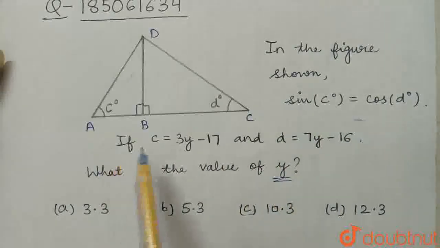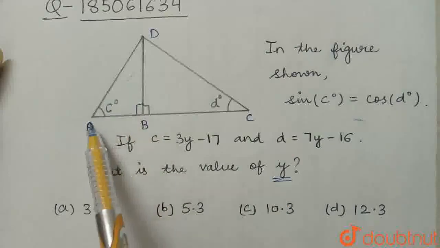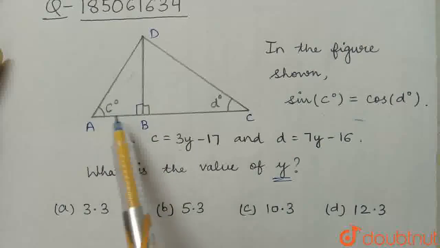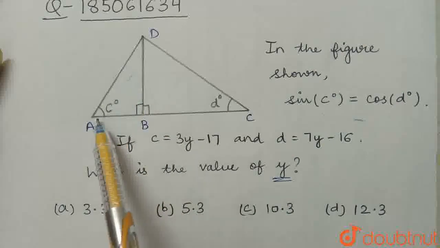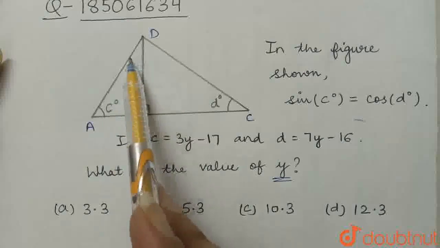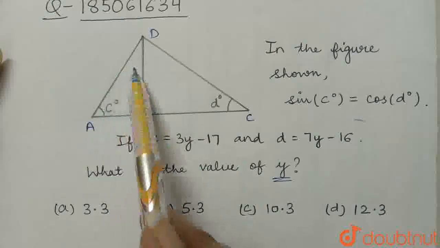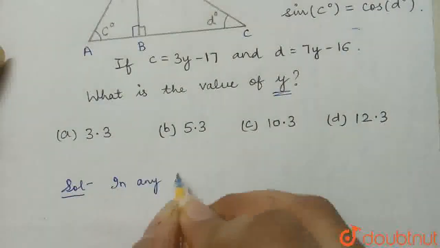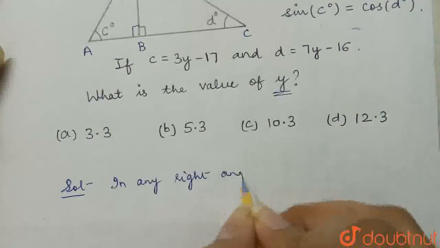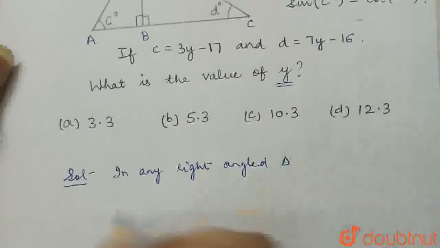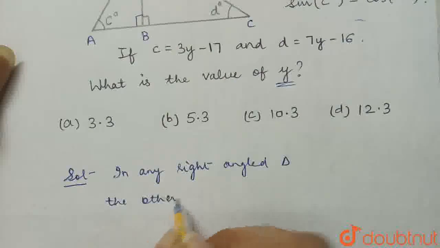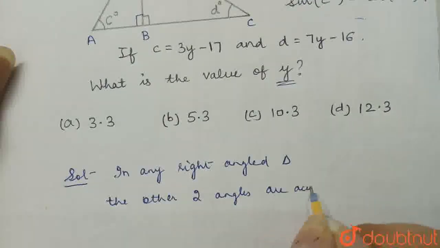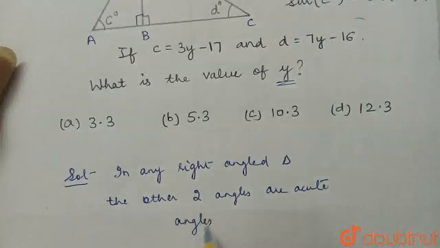So now we know that in a right angle triangle, that is triangle ABD is a right angle triangle at angle B. So the other two angles, that is angle C and this angle, that is ADB, are acute angles, because in any right angled triangle, the other two angles are acute angles.